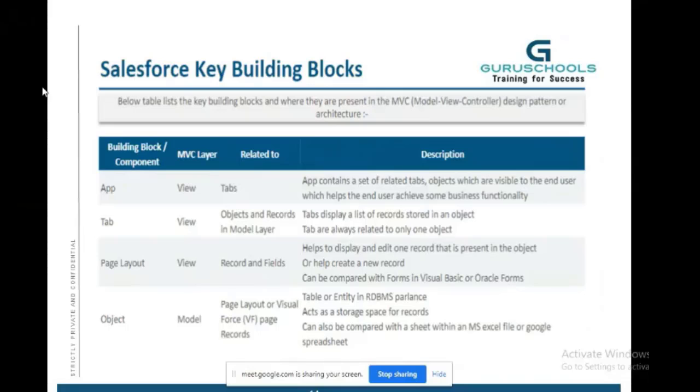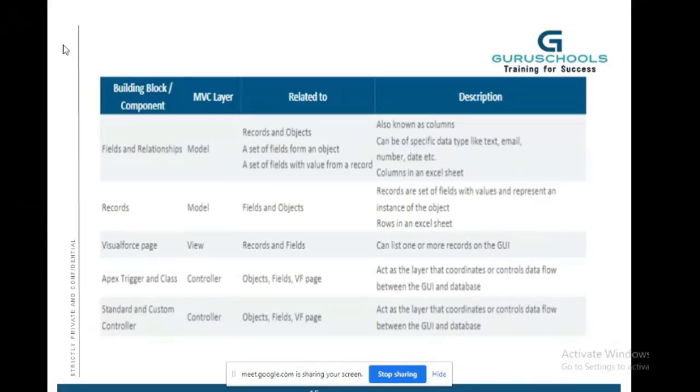In that I have used three to four custom objects, and in that custom object application we can see those tabs. It also comprises object and layer records and model, and also the page layouts and objects, whether it is a standard object or custom object. All this we will see practically in the coming sessions.